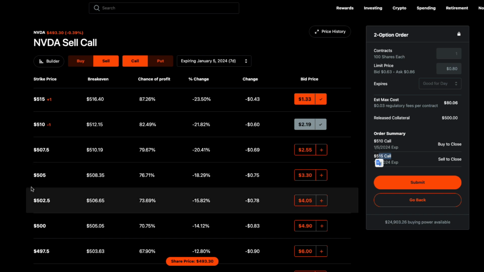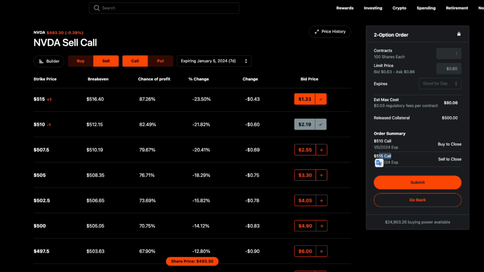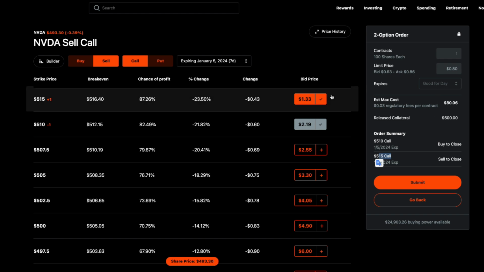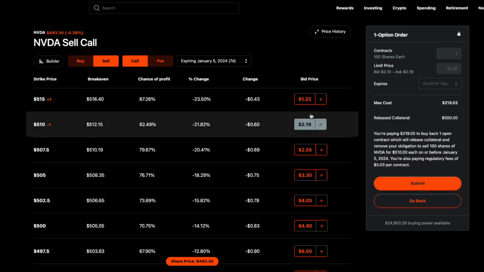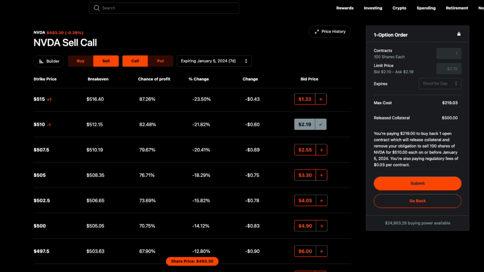Another thing you can do by learning this method is this. Let's say you do not want to close both the legs. You think that Nvidia has more scope on the upside, and you just want to close your sell call position, because it would otherwise be considered a naked sell call.